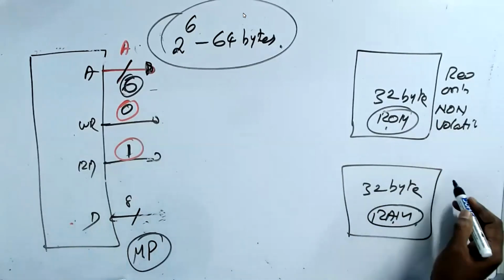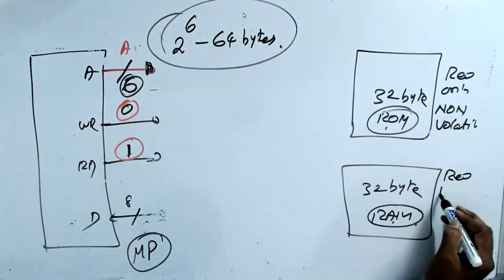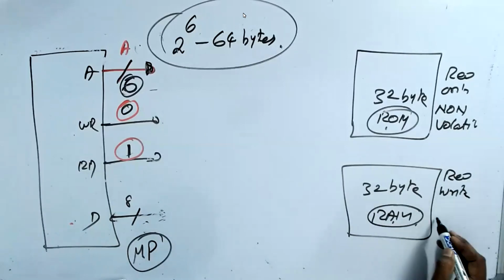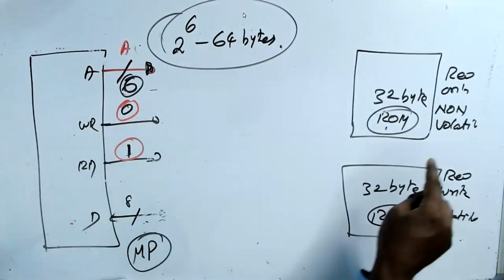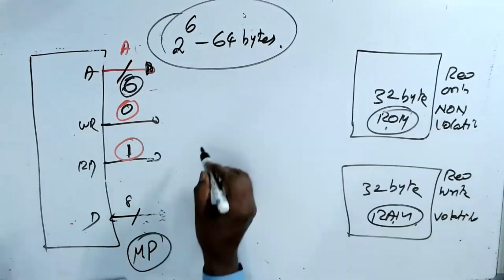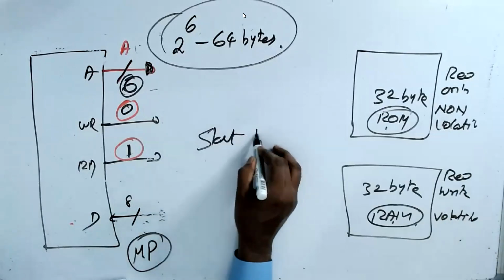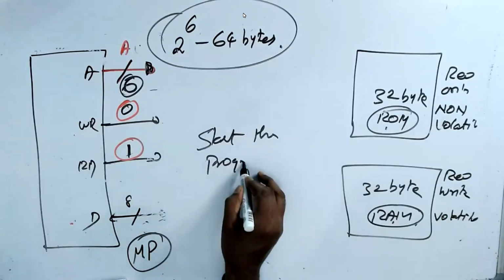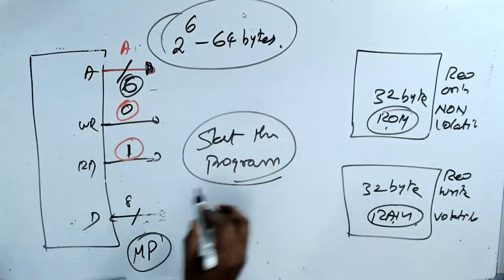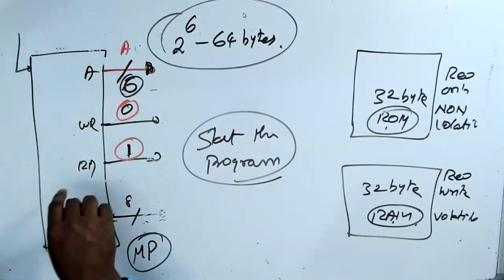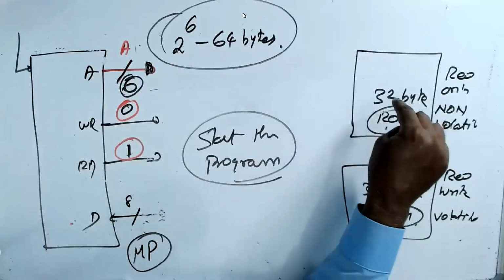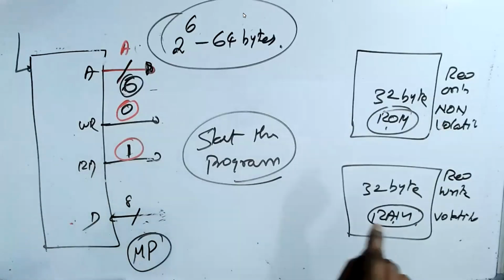RAM is read write, but volatile. I want both. I want non-volatile to start the program. Please understand, when you give power, the microprocessor should take the first instruction only from ROM, not from RAM. That's very important.